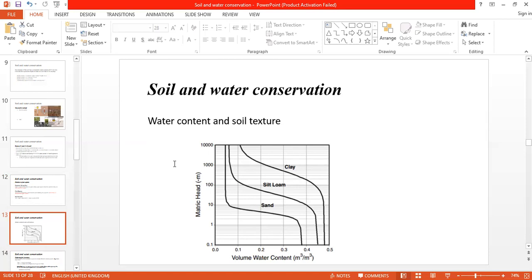Why are you going to 40, when the total available water is 90?